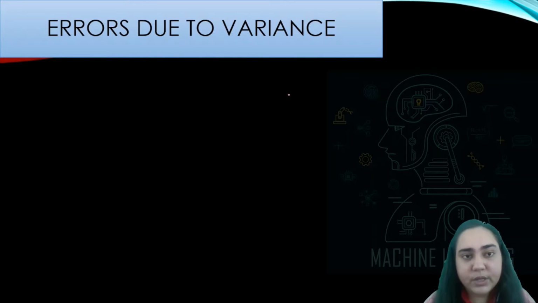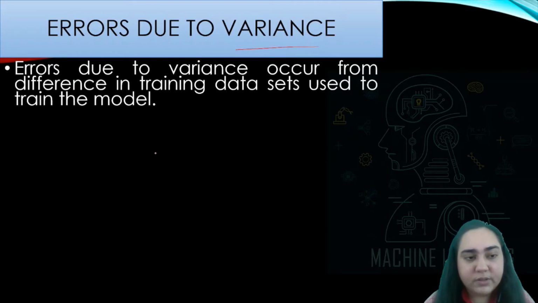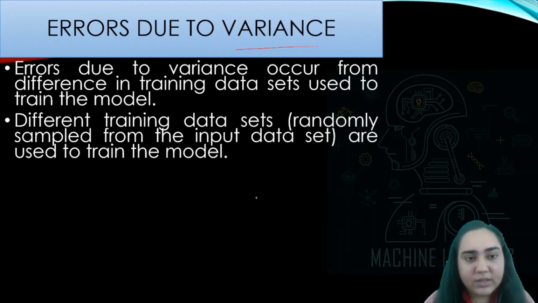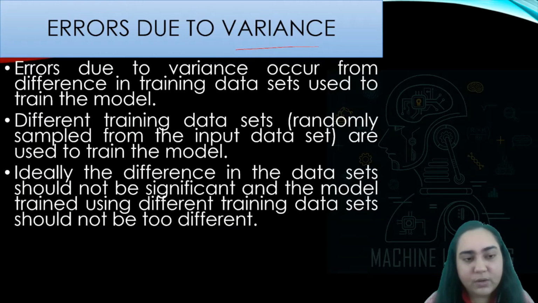Let's talk about errors due to variance. Sometimes errors can occur due to variance as well. Variance means your data is very much dispersed in the training data set. It means in the training set which you are using, there's a lot of difference. These training data sets, which are randomly sampled, are used to train your model.